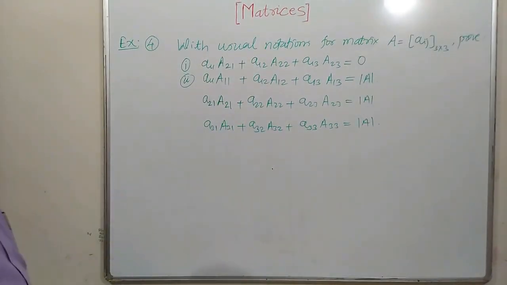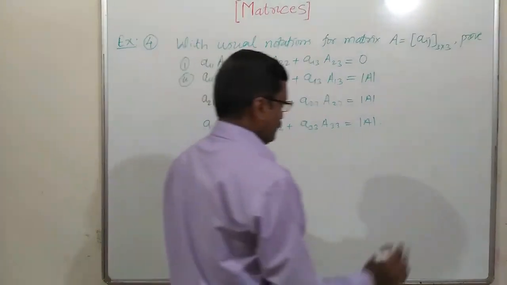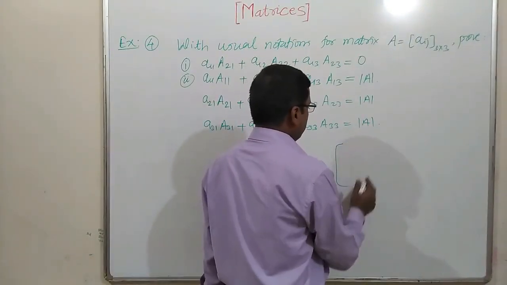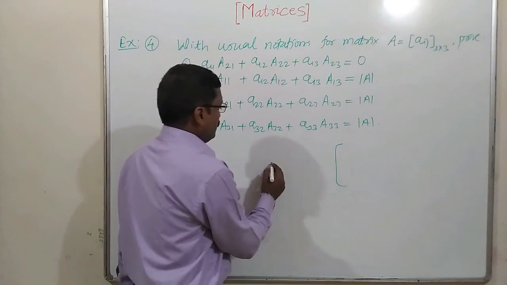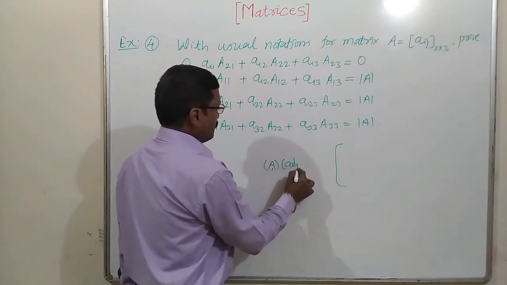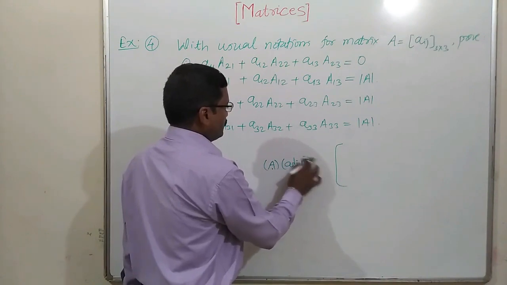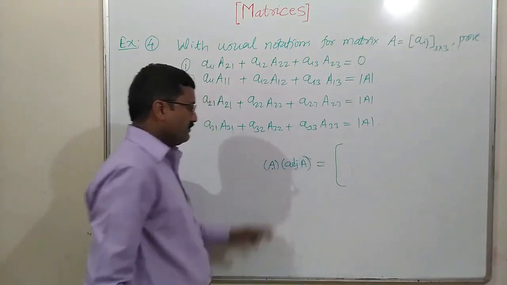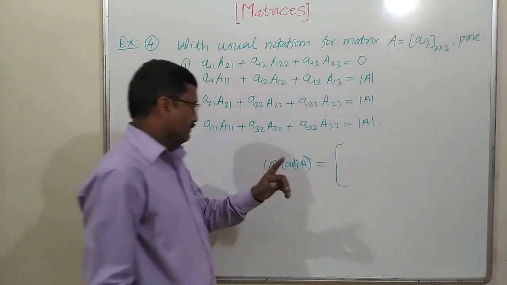Actually these results are nothing but, in our theory part we have taken the product of matrix A and the adjoint of matrix A. Are you remembering this? One example we have solved.